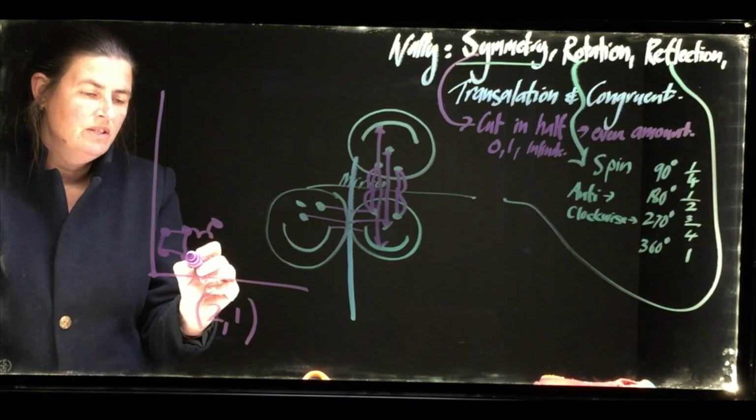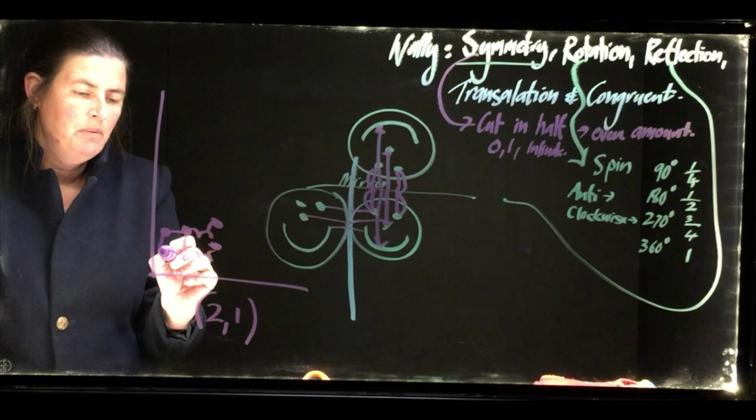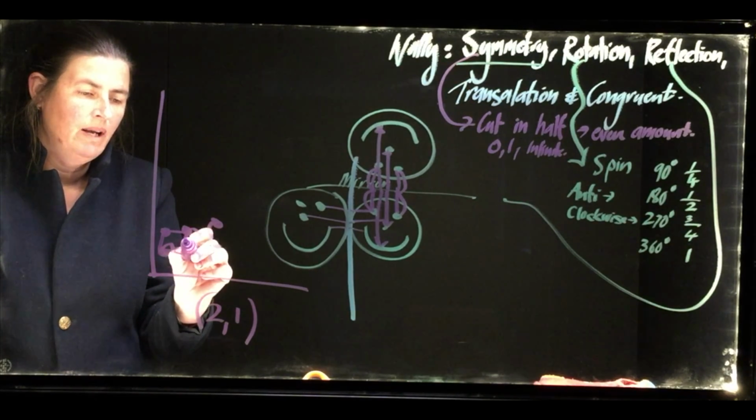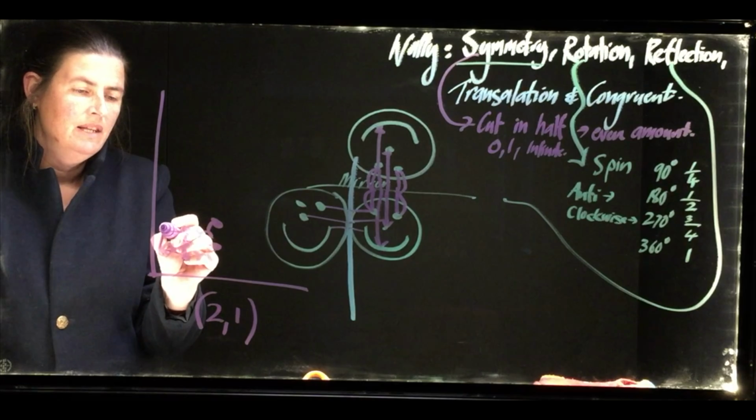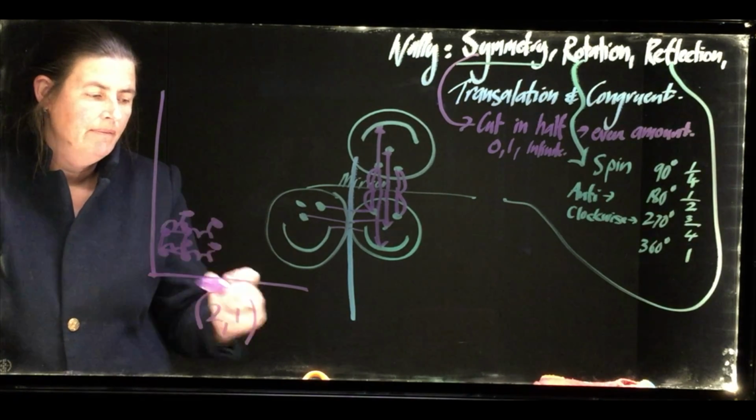This point here goes 2 across, 1 up, so it'll be there. This point here goes 2 across and 1 up, it'll be about there. This point here goes 2 across, 1 up, it'll be there.